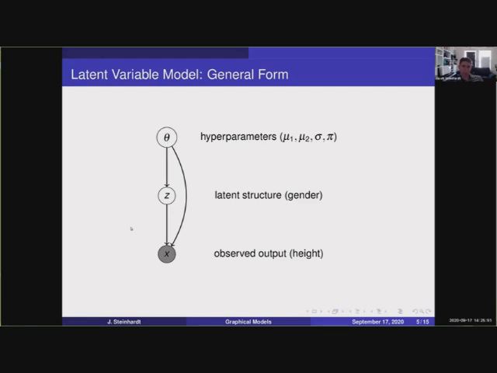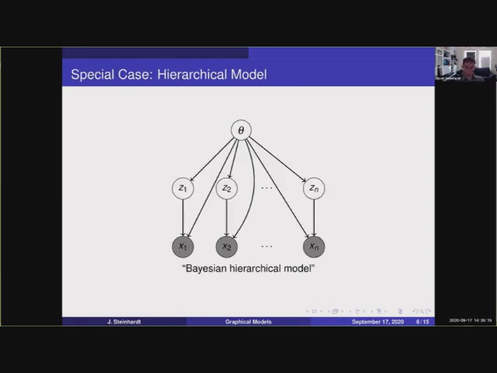So as written, this doesn't help us that much because it's a bit too generic to really restrict the distribution much at all. But it's a general type of pattern that shows up a lot where you have these hyperparameters, latent and observed variables. And next we'll go through several examples of how that might show up.